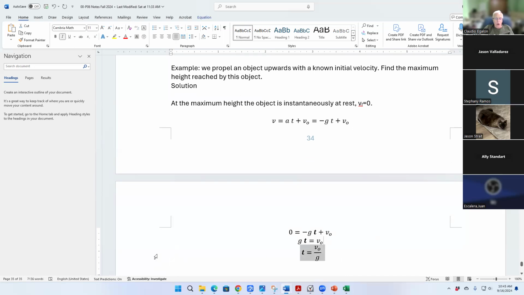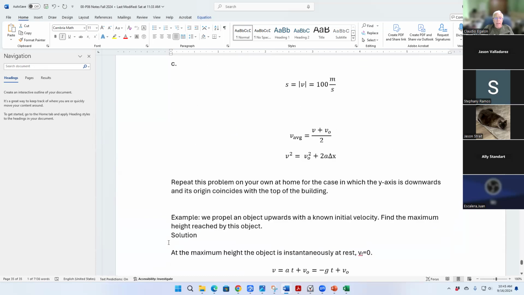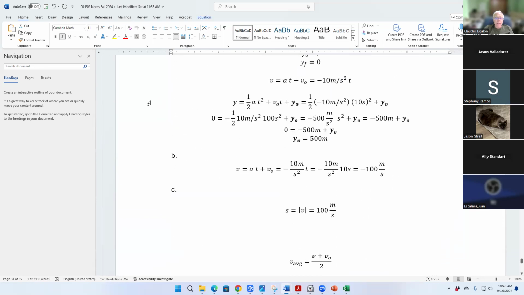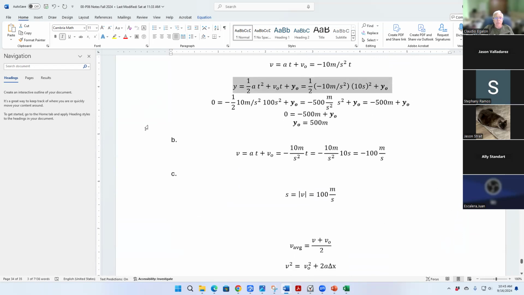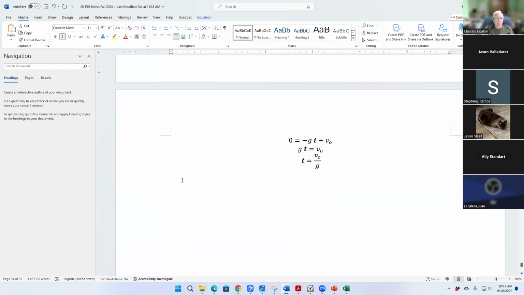And now that I know how long the object remains airborne, we can find out what is going to be the maximum height that it reaches at this instant of time. What's going to be the final position the object reaches at this instant of time. Okay, so all you have to do now is replace. I'm going to boldface this one because that's the one we want to find out.